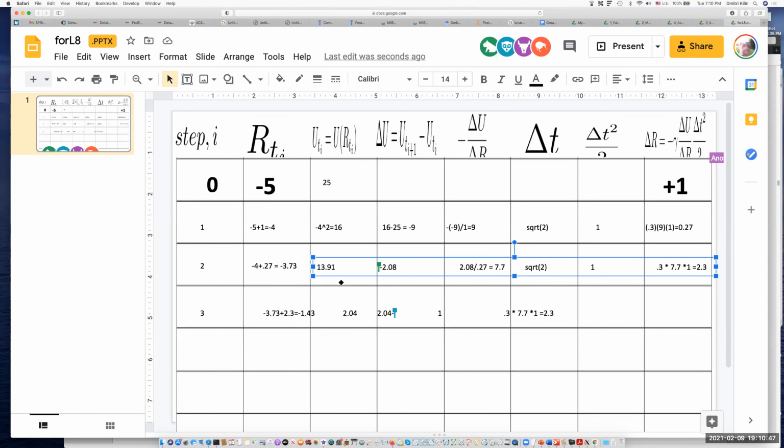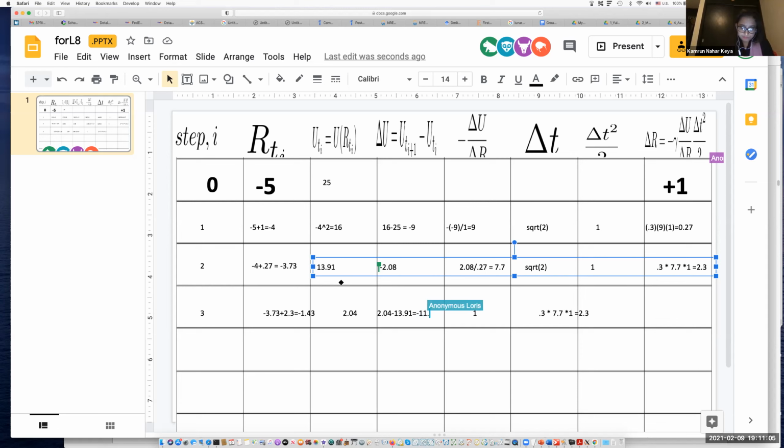That's 19.89? Minus 13.91. 2.04 minus 13.91 is equal to minus 11.87.